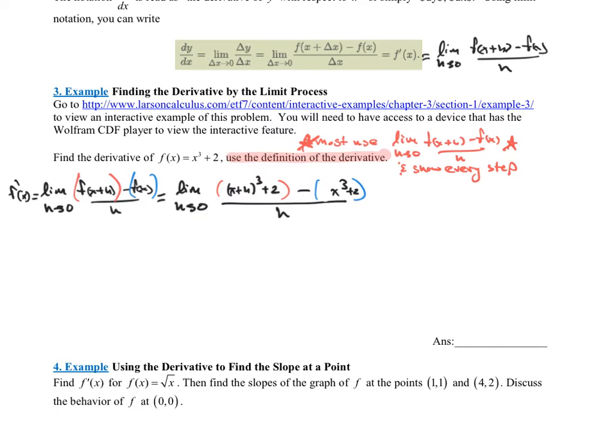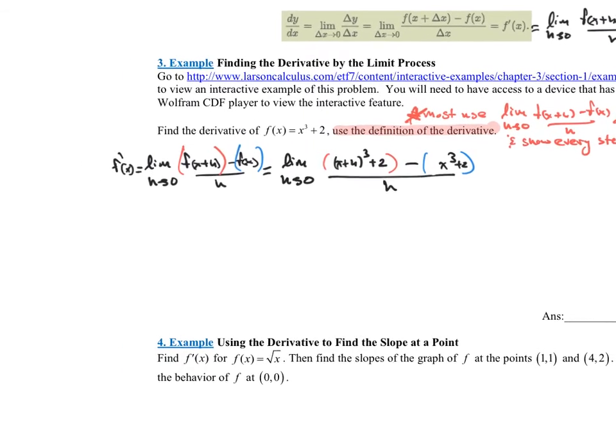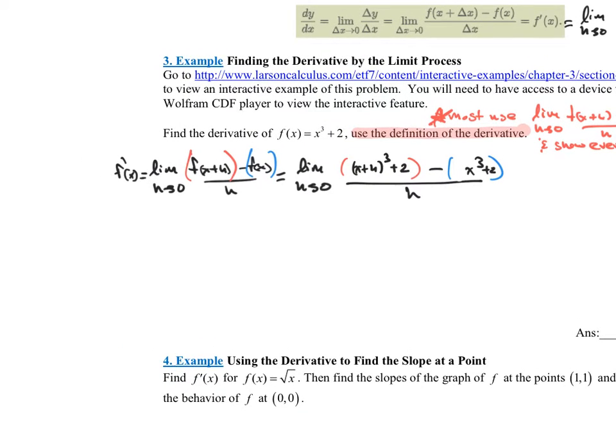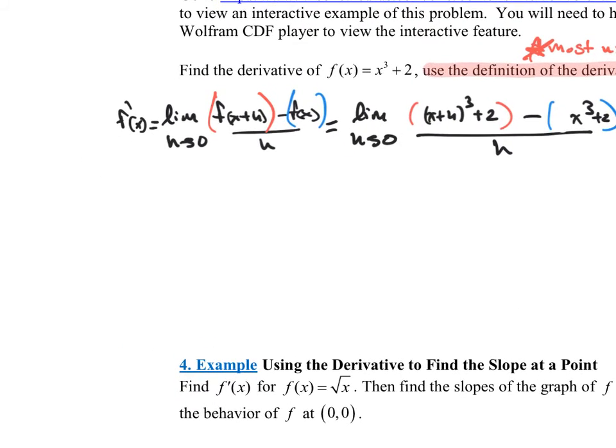All right, we need to do some side work here, because we need to expand x plus h quantity cubed. I don't know if you remember how to expand that, but it's not too easy. You need to do quite a bit of work. So I'm going to do that on the side here over in green writing. So I'm looking at x plus h quantity cubed. Well, really that's x plus h times x plus h times x plus h, right?